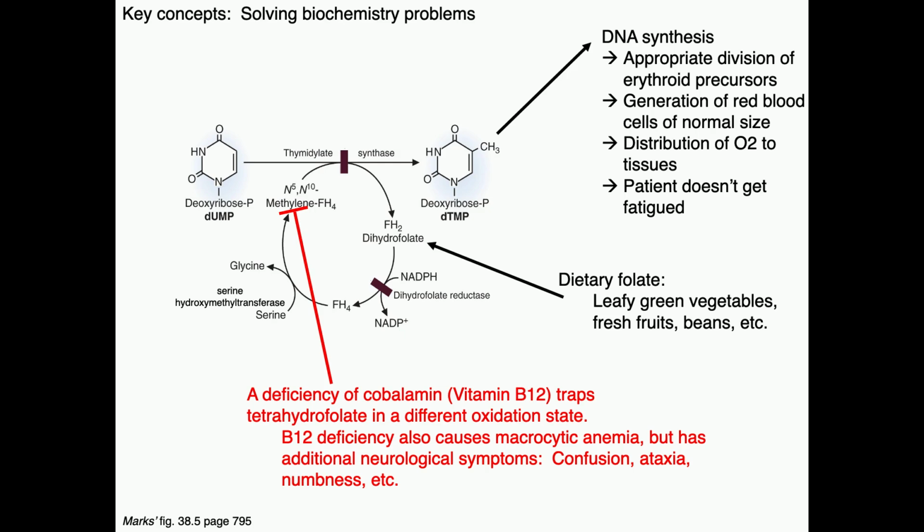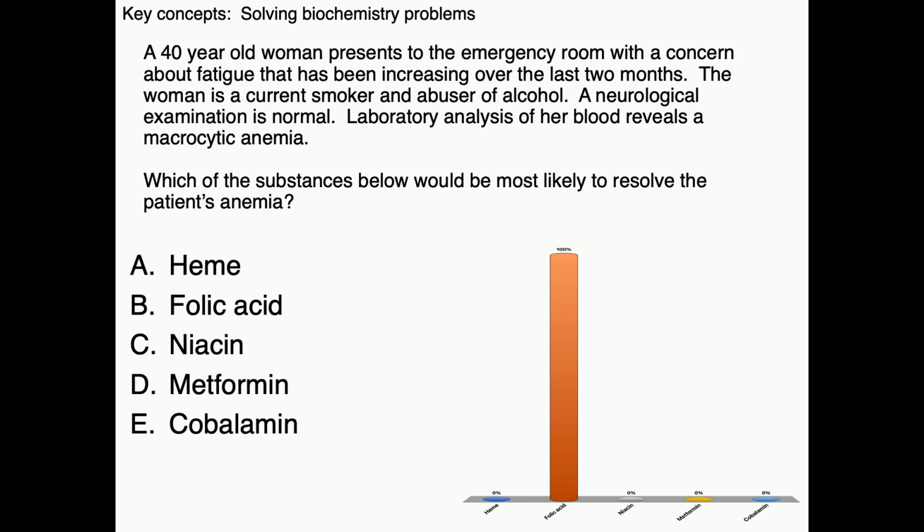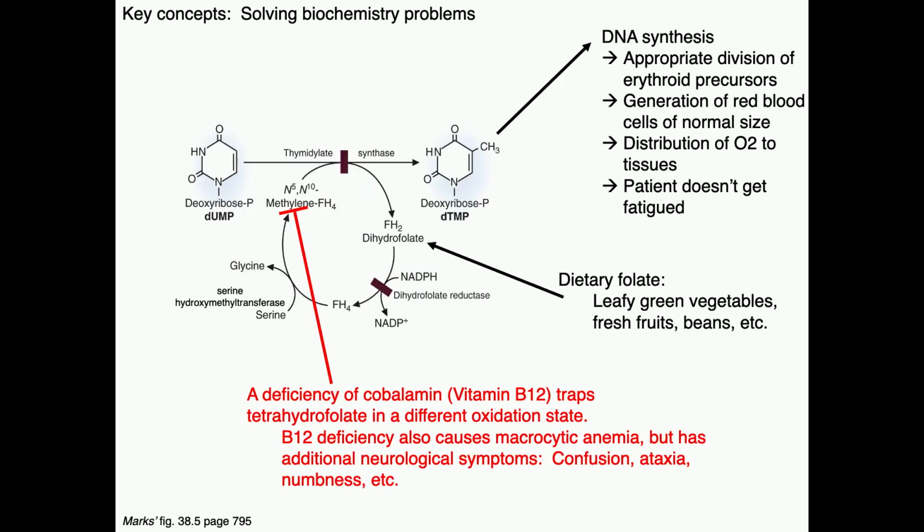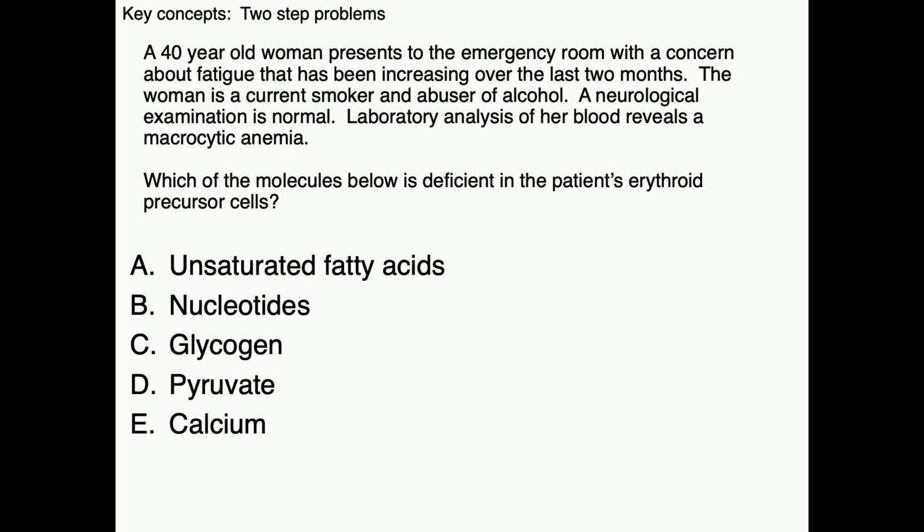All right, so I'm going to go back to this question. This is essentially a one-step question. Have you heard people talk about one-step versus two-step questions before? Or in orientation at all, did they talk about that? A little, okay. So this is a one-step question, and this is a two-step question.